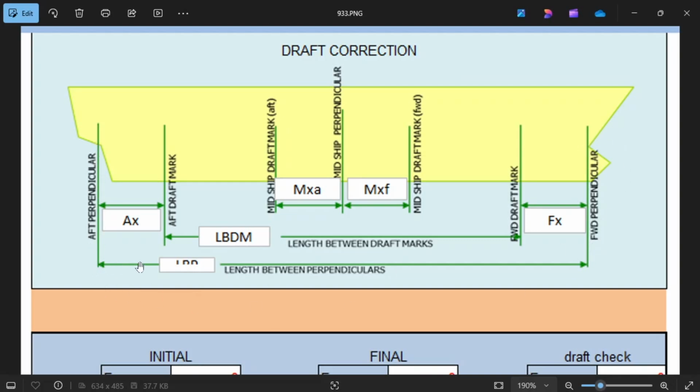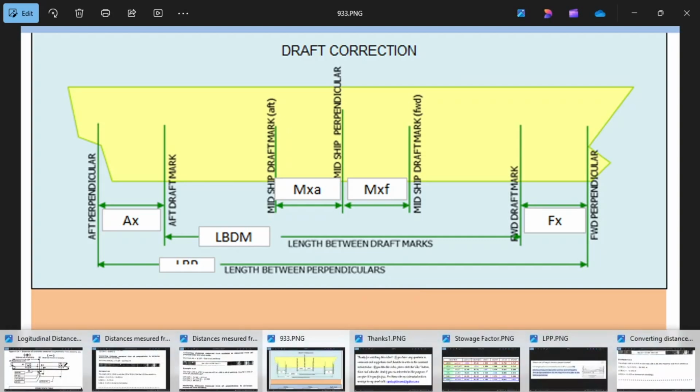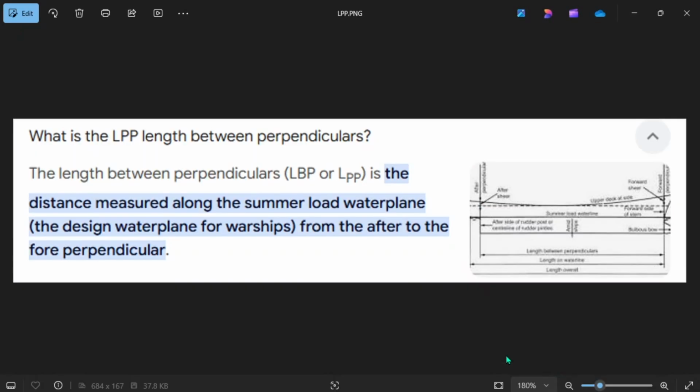The distance between these two, forward and up perpendicular, is what you call LPP or LBP, which is the length between perpendiculars, which is this one, guys. So the length between perpendiculars, LBP or LPP, is the same. Okay, that's what it means.